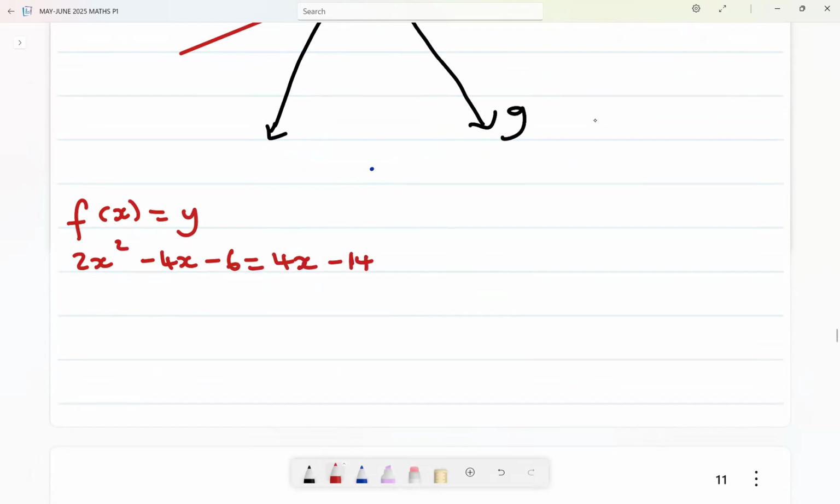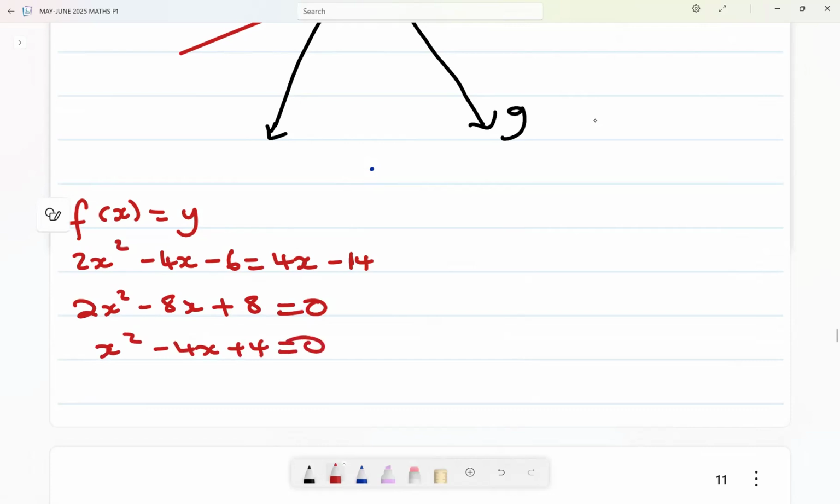Then I can try to solve that. 2x squared minus 14x minus 4x is minus 8x, and then negative 6 plus 14 is 8, so equal to 0. When I take 2 as a common factor, I have x squared minus 4x plus 4 equal to 0. This simplifies beautifully to x minus 2 squared equal to 0. Therefore, x is equal to 2.